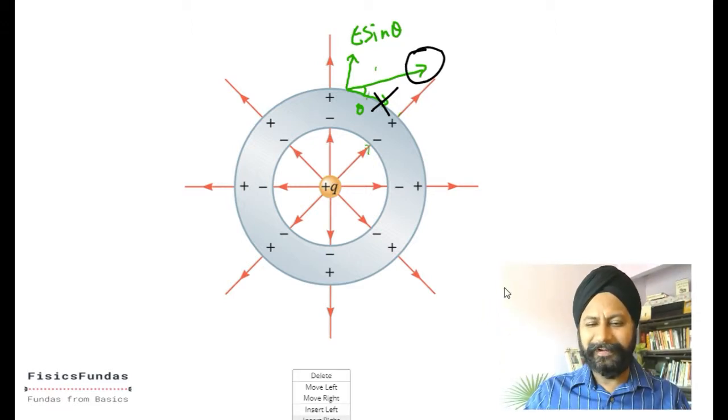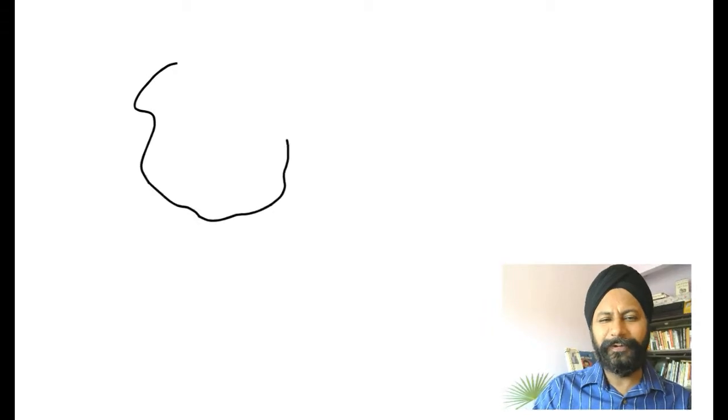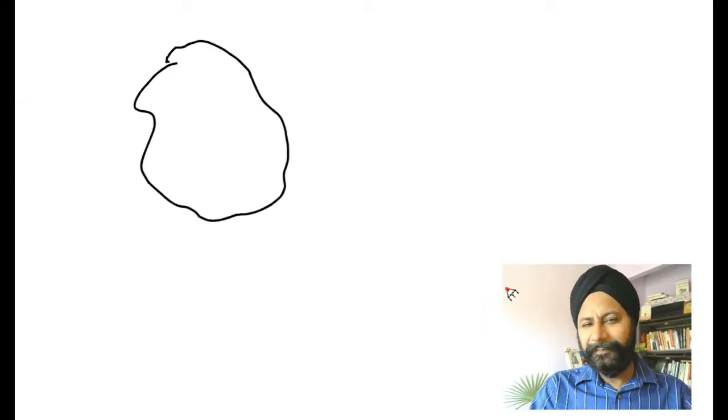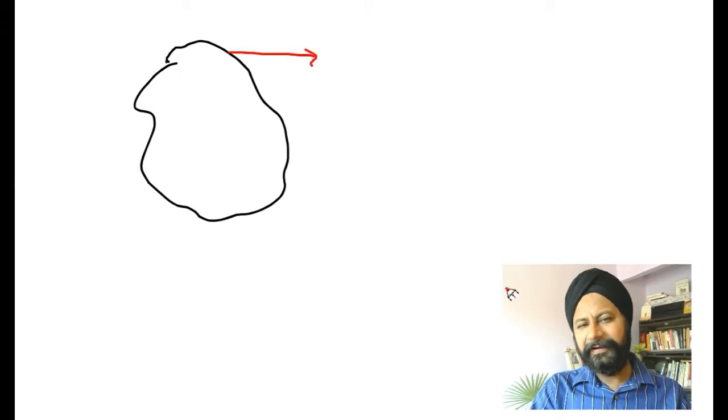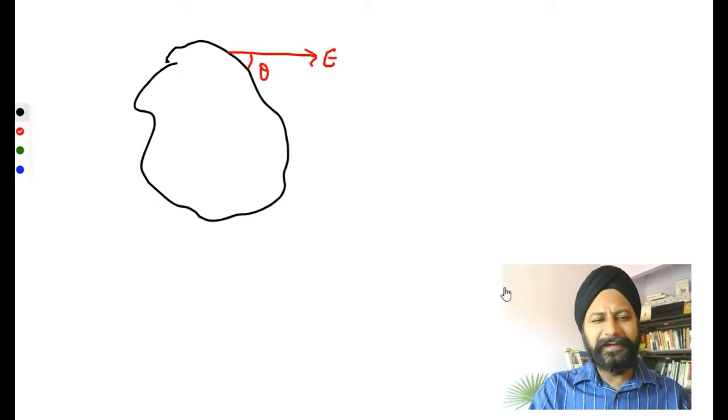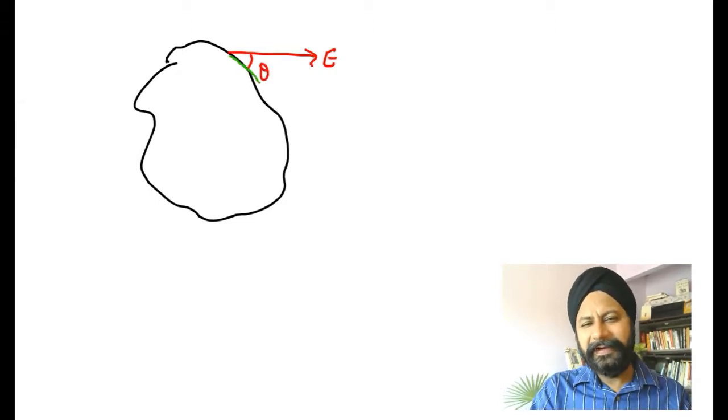Let me explain once more, because these are the things you don't get to read in the book. So let's say there was a metal here, and I say, okay, no, the electric field is not at 90 degrees. The electric field is at some angle theta. So if it is at theta, that means there is a component of electric field which is E cos theta.